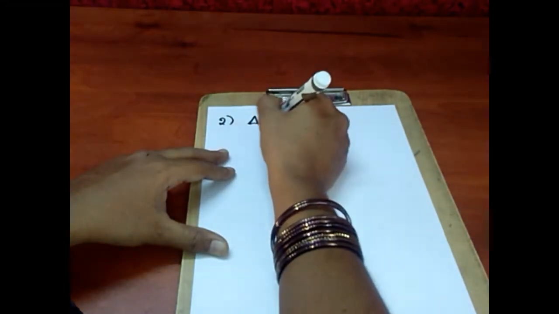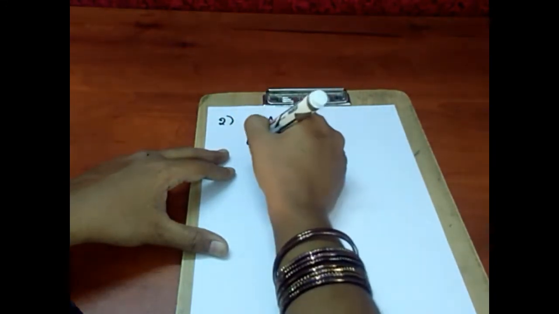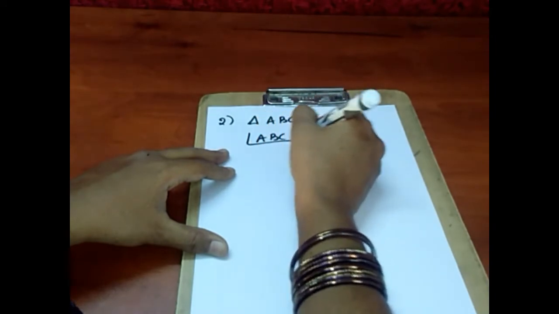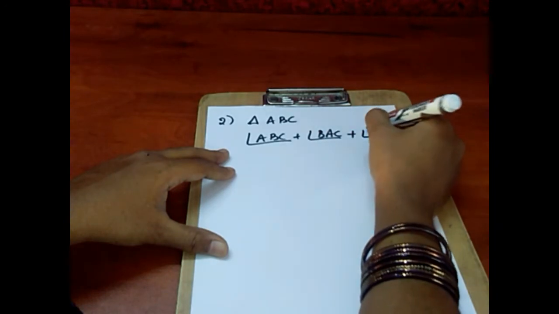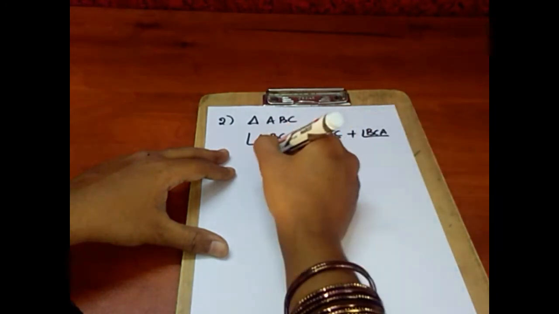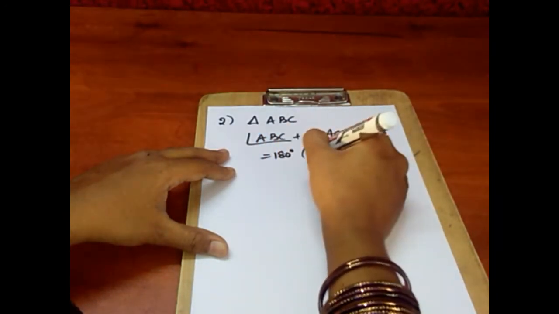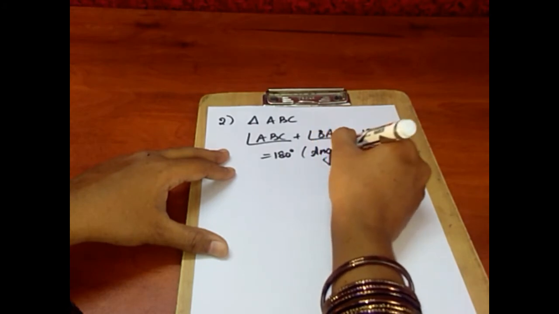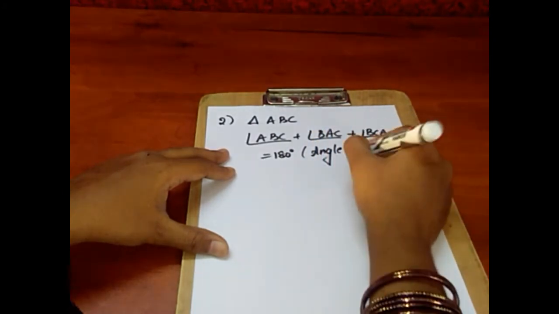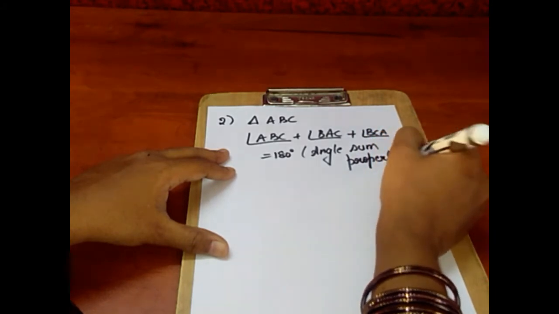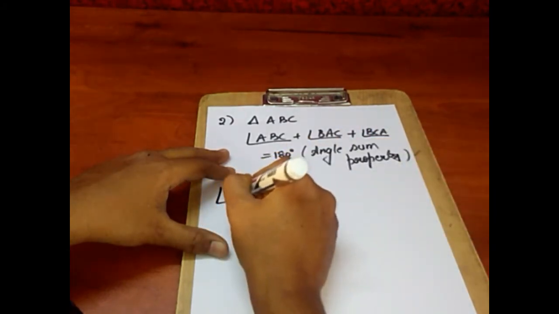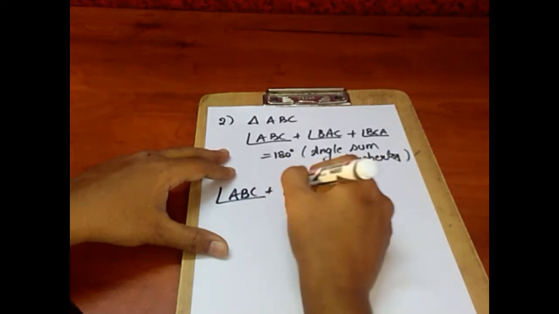Consider triangle ABC. Angle ABC plus angle BAC plus angle BCA is equal to 180 degrees. Reason: angle sum property. So measure of angle ABC should be calculated.